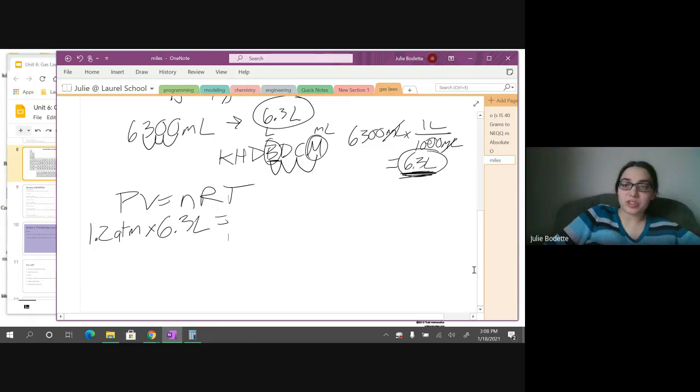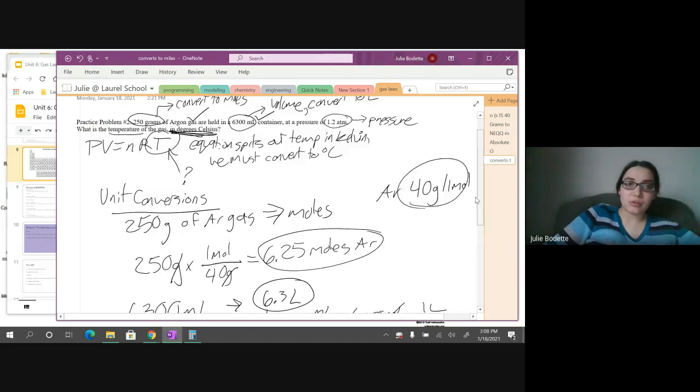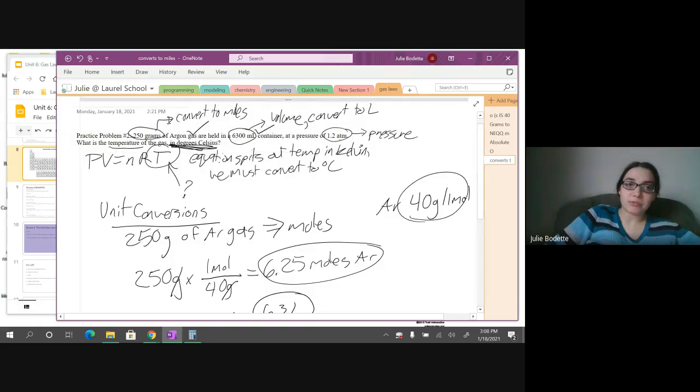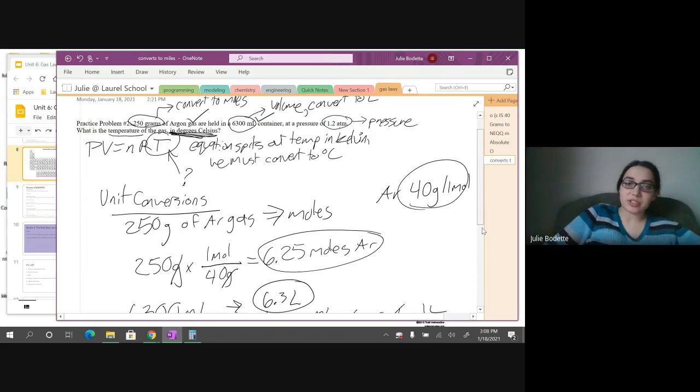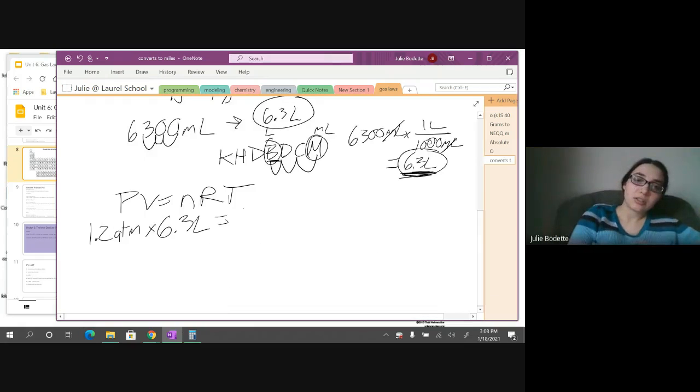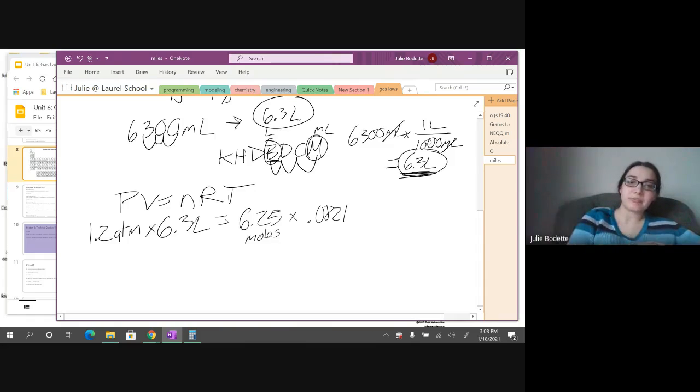N, moles. They gave us 250 grams. We converted it to moles, and that was 6.25 moles. R is the ideal gas constant, so that is 0.0821. Remember, that's a constant. You can always plug that in, so long as you're using the right units.